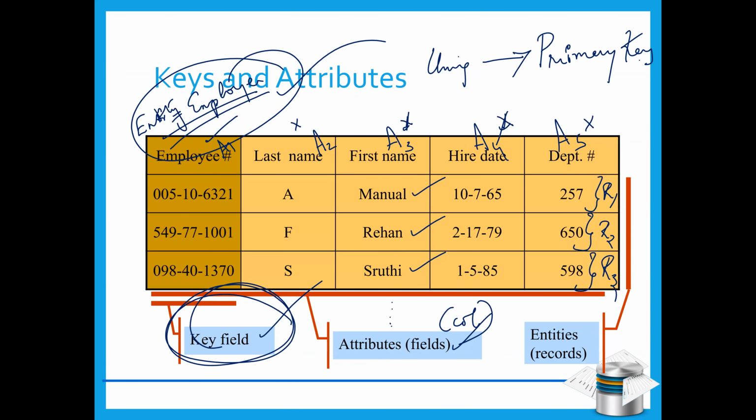So in this particular entity, I can say employee number is my primary key, because with the help of employee number, I am uniquely able to identify.